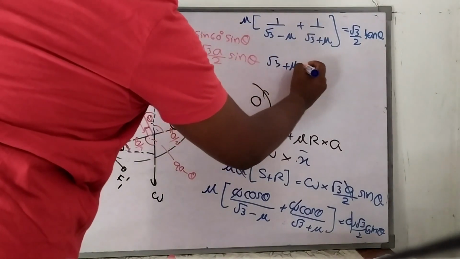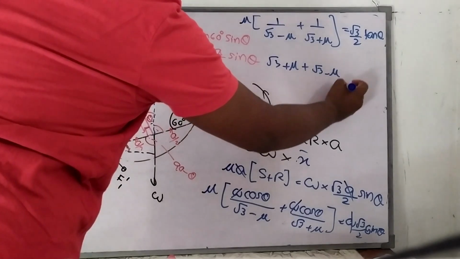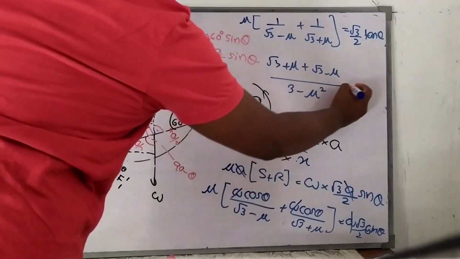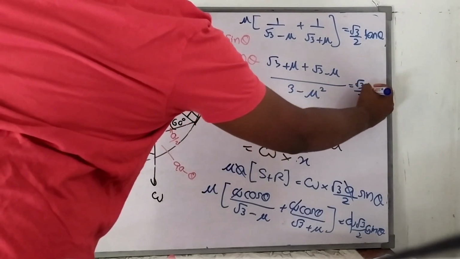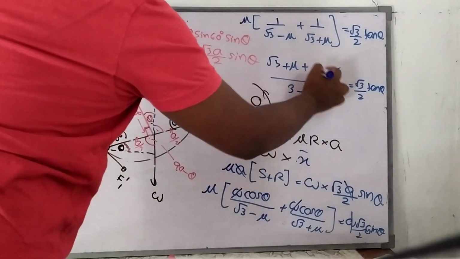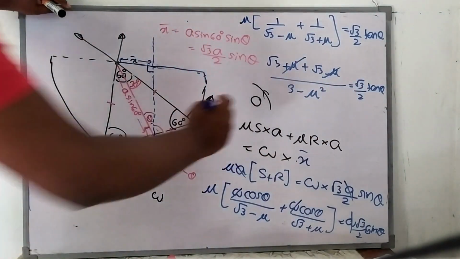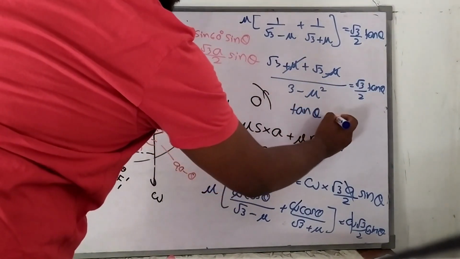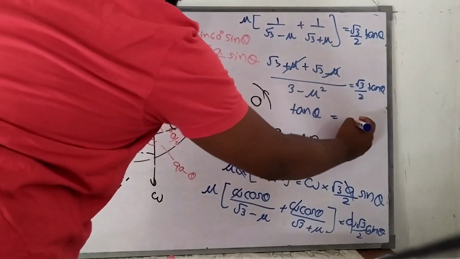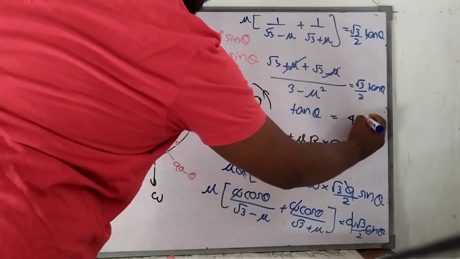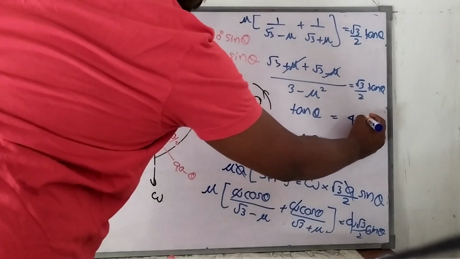Root 3 plus mu, root 3 minus mu, mu also cancelled, 2 minus mu, 3 minus mu squared. So this is 4 root 3 over root 3.